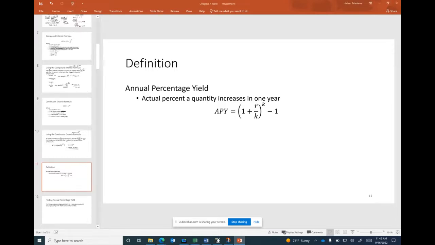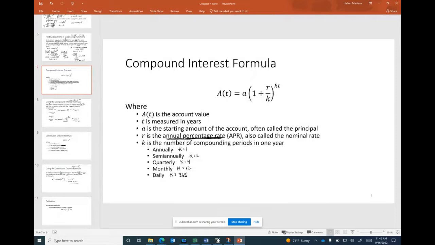Remember when we were looking at compound interest, r was the annual percentage rate, but it's not actually the rate of growth in the investment, because you're dividing it by the compounding period and compensating by raising it to a power that includes that compounding period.